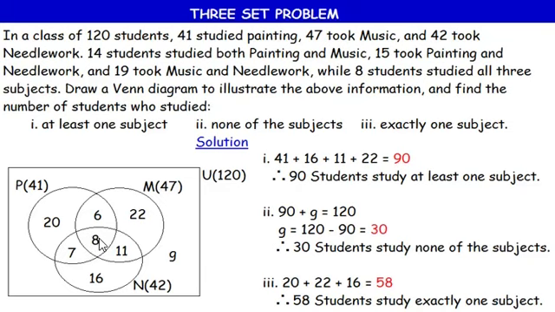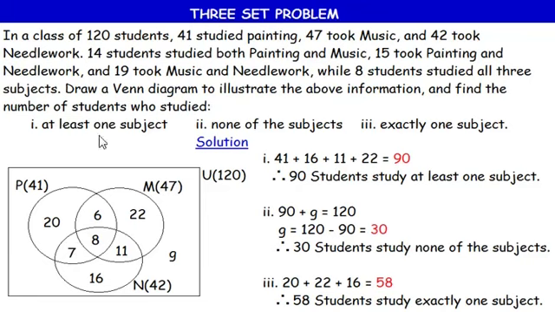If this portion is 8, what will be this portion? It will simply be 15 minus 8, and that is 7. So those who offer painting and needlework only is 7. But those who offer painting and needlework in general is 15, that is 7 plus 8.